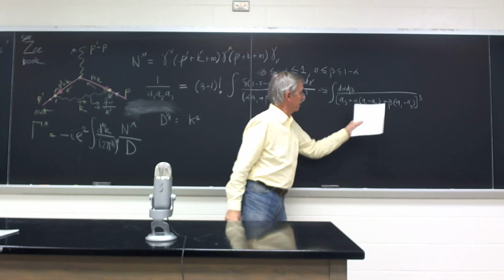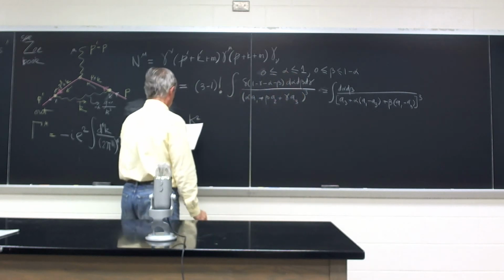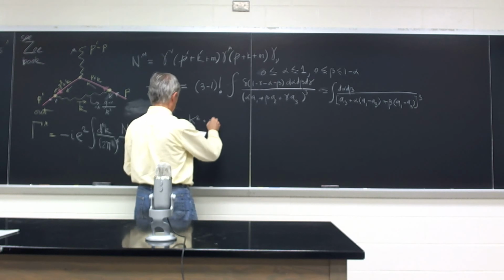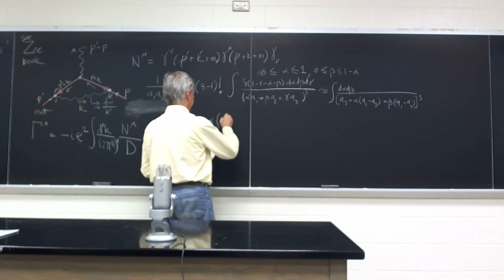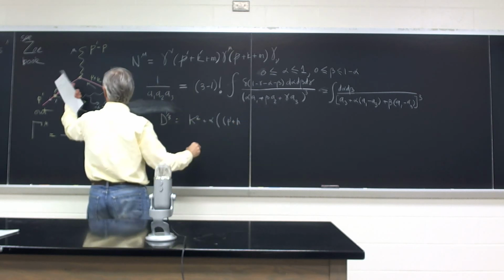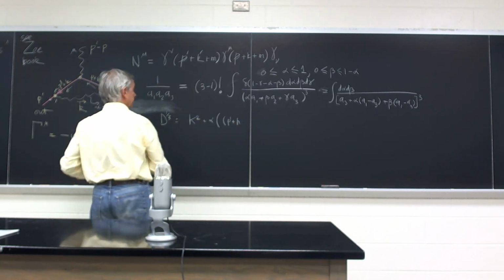So what's in here, written in terms of K's and P's, is the denominator of this propagator here.